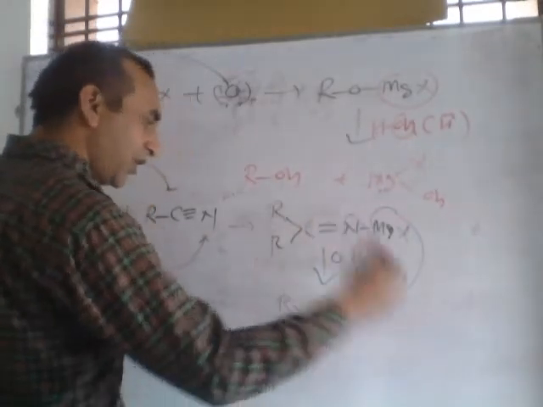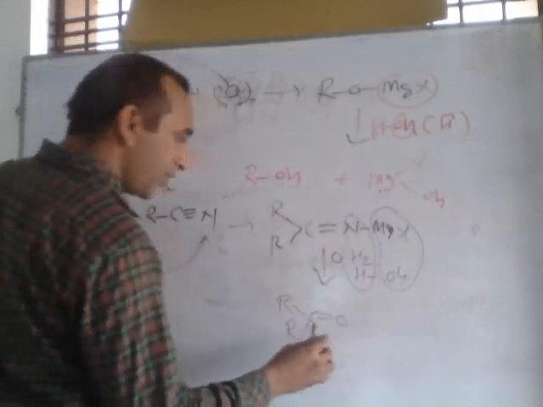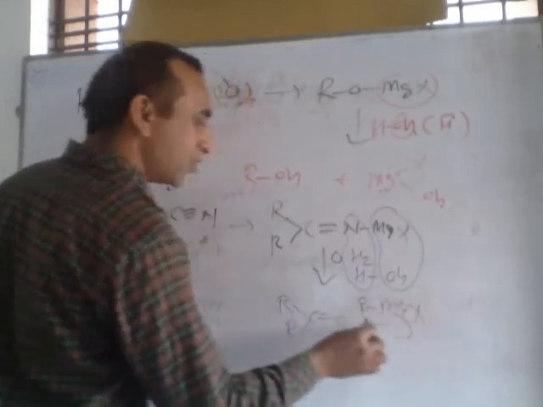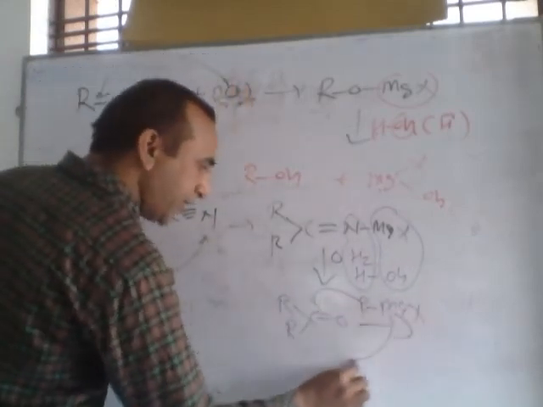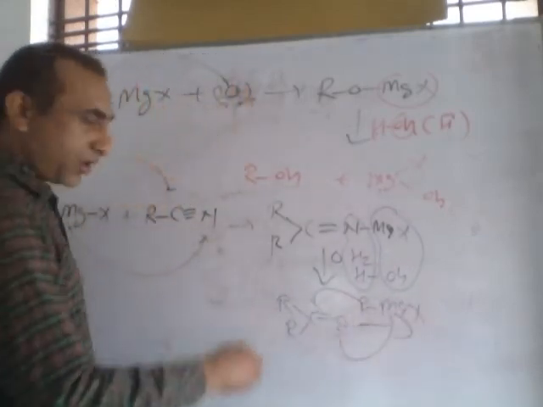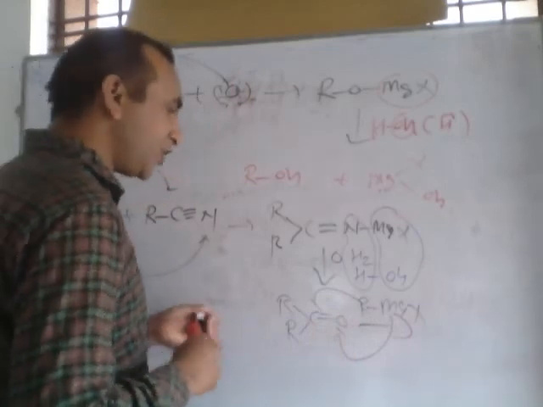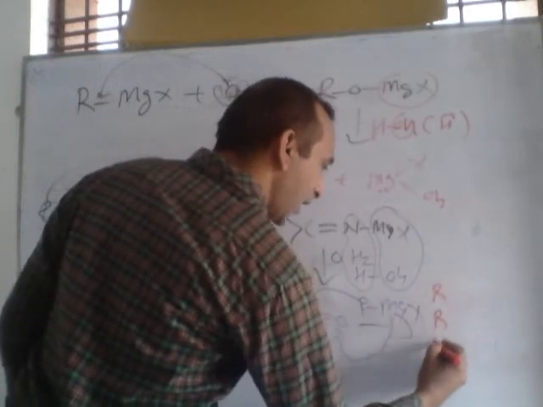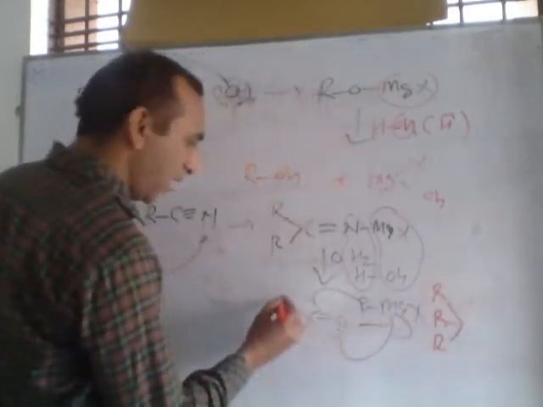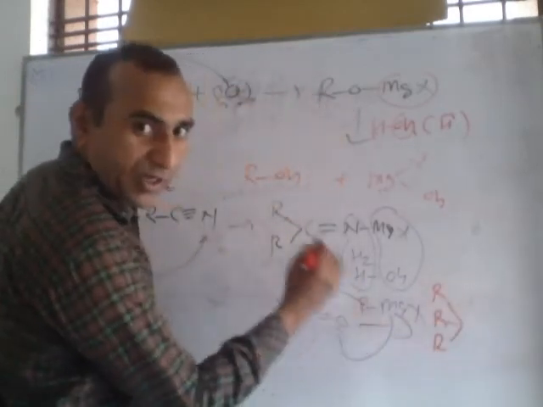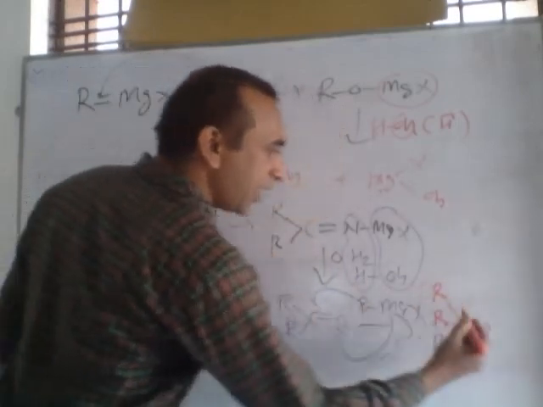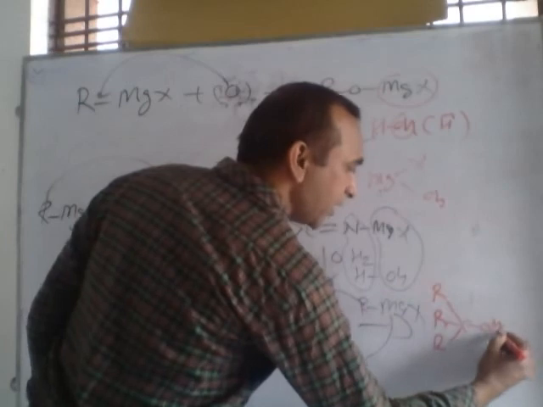This ketone further reacts with RMgX. So R joins here and MgX joins with oxygen. After the reaction, this product will form. Here this R from the Grignard reagent forms a bond with carbon. Carbon reacts with oxygen, and with this oxygen there is MgX.